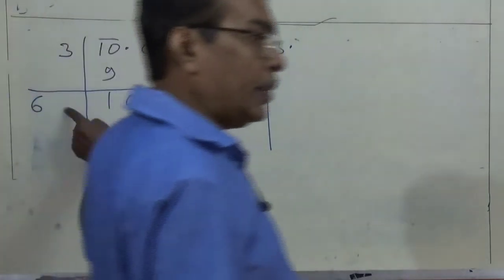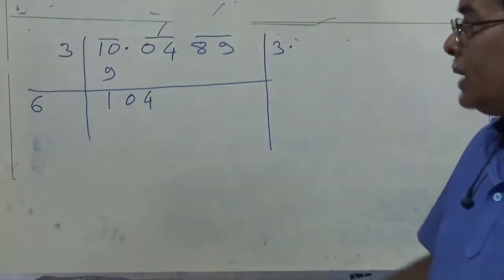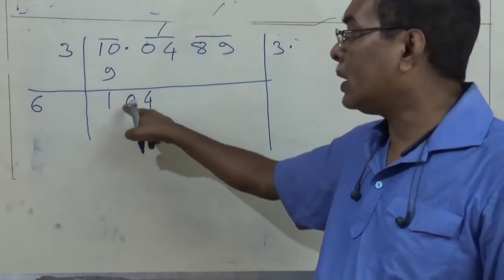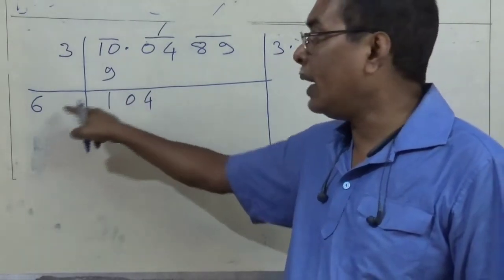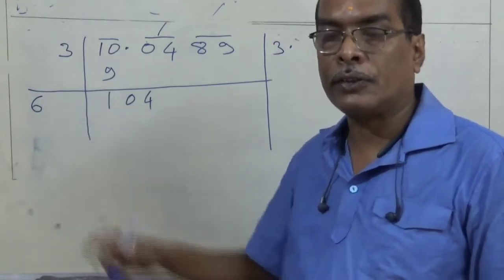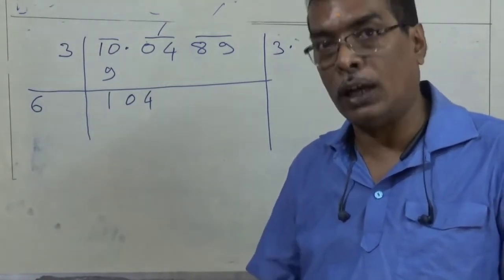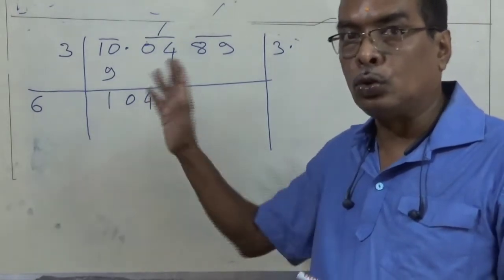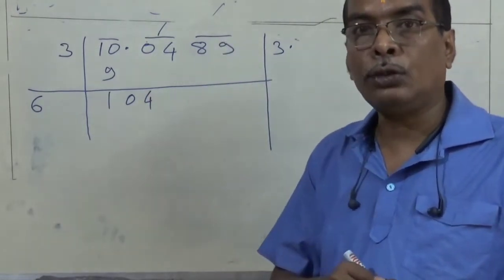You have to leave some space here. Now again, as I told you, for this result place, leave this 4. What is left here? 10. Divide this 10 by this 6. 6 1s are 6, 6 2s are 12, which is more than 10. So 2 will not be allowed here. It is allowed only 1.